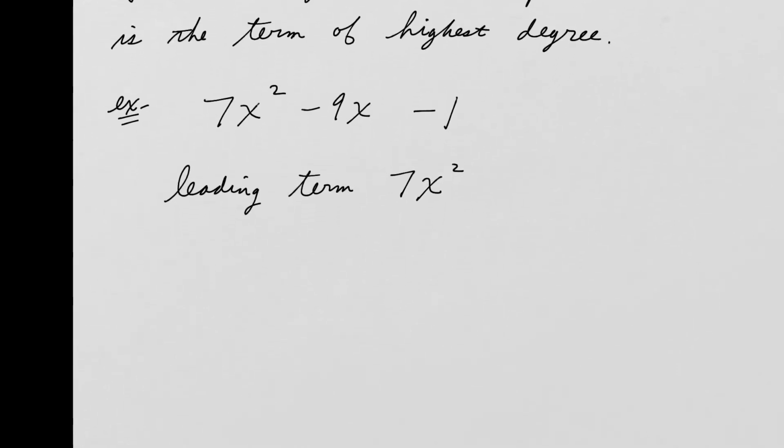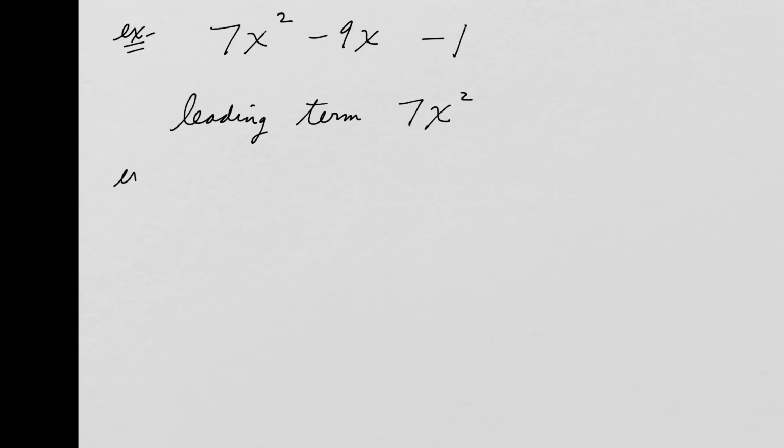Okay, let me do another example. Let's say I have 2x minus x cubed minus 5x to the 7th plus x squared minus 2. Right, there's my polynomial. What is the leading term? Well, the leading term is the term of highest degree, so it's the term with the largest exponent.